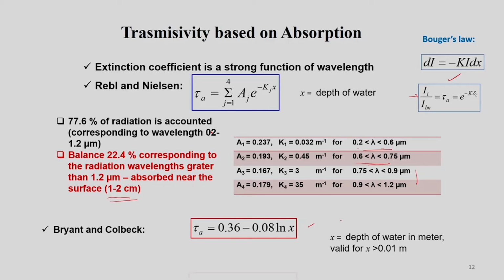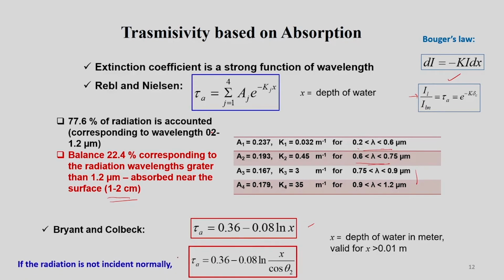If it is inclined, then we need to express the correlation as x by cos theta 2, so we must know what theta 2 is. These expressions need to be applied for calculation of transmissivity based on absorption.